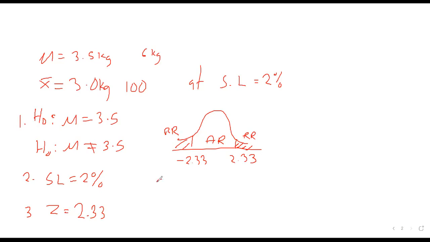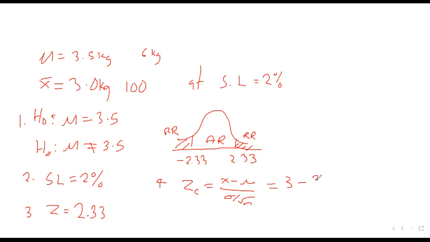Then step 4, calculate the test statistic. Since the sample size is 100, greater than 30, we're going to use this formula: x bar minus mu, and our population standard deviation is known, so we're going to use this. Our x bar is always attached to a sample size. From 100 pumpkins, they were weighing 3 kgs.